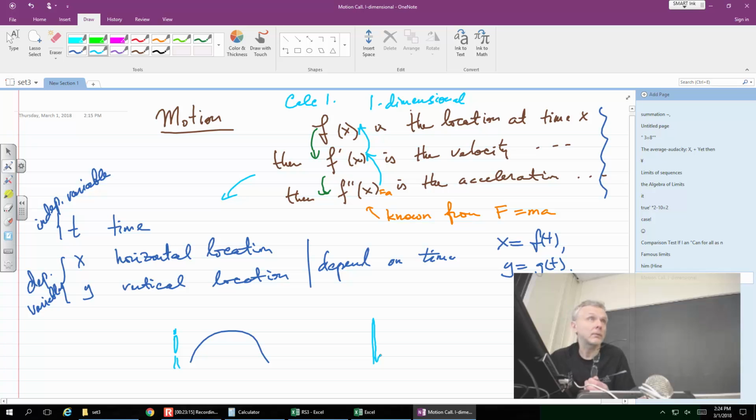He sees y. It goes up only, unless there is some kind of perspective. You can only see how the cannonball goes up and then down. So that's your function y.